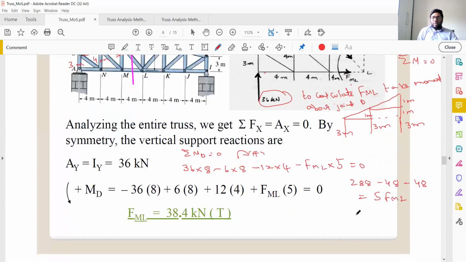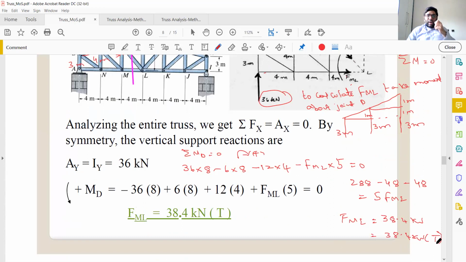So FML is equal to 288 minus 96, divided by 5. 38.4 kilonewton tension.